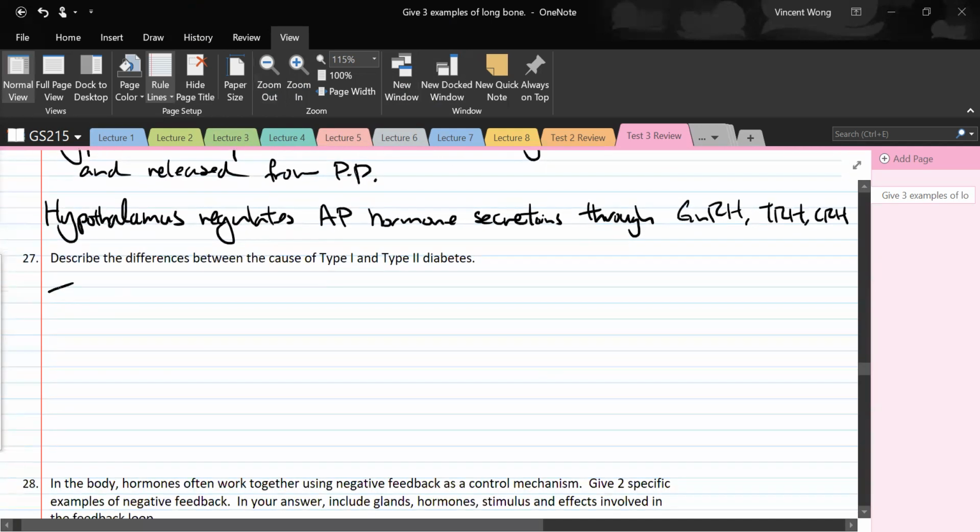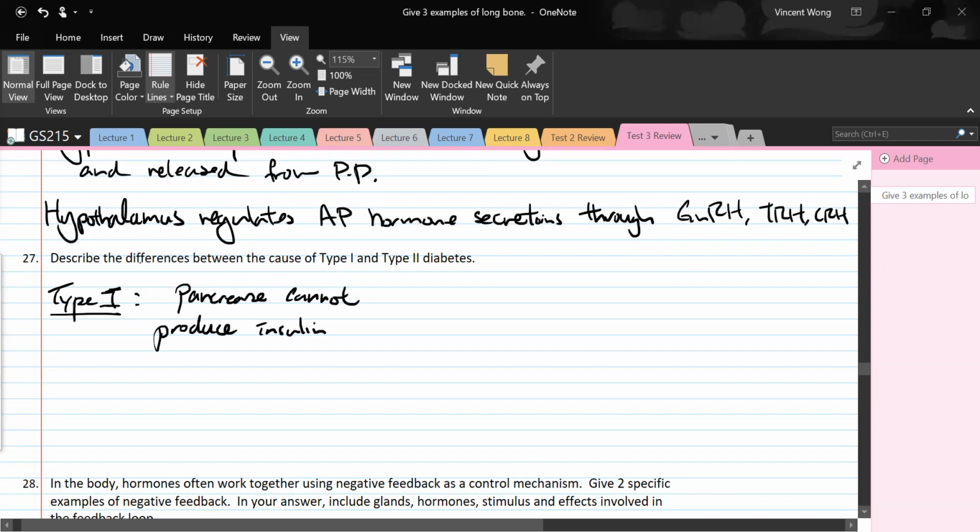So type 1 is usually called the juvenile form. In this case, pancreas cannot produce insulin.